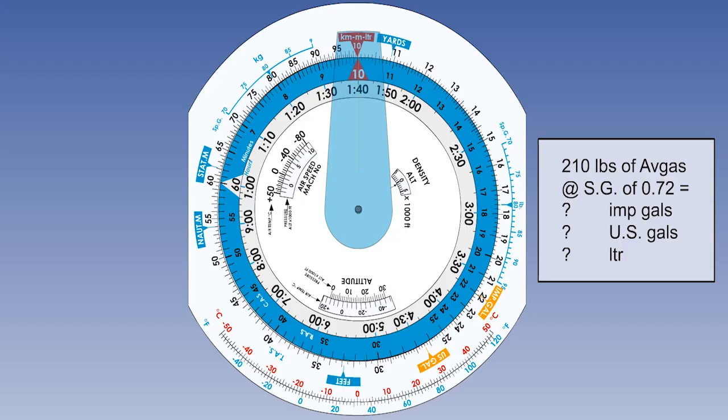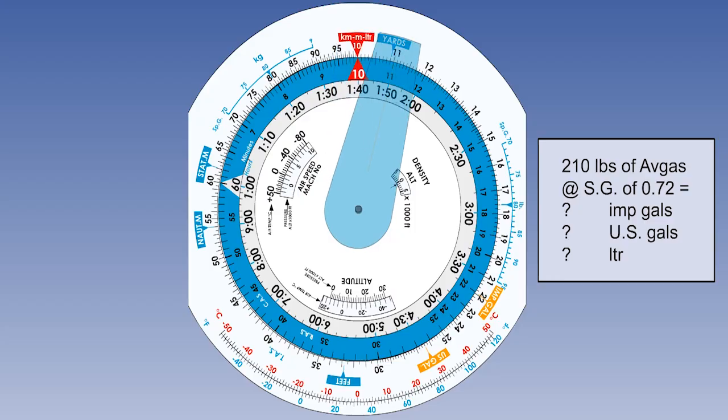Every imperial gallon will weigh about 7 pounds, and 7 goes into 210 30 times, so the answer will be in the region of 30 imperial gallons. Roughly the same will apply for the US gallon. 1 litre of fuel at the same specific gravity weighs about 1.5 pounds, so 210 pounds is the approximate equivalent of 140 litres.